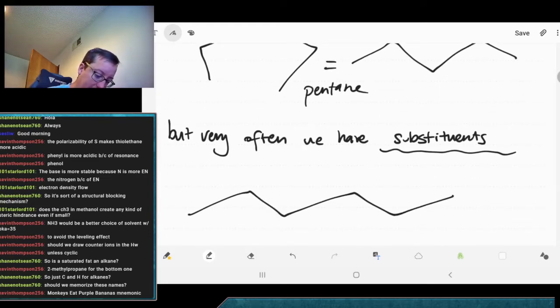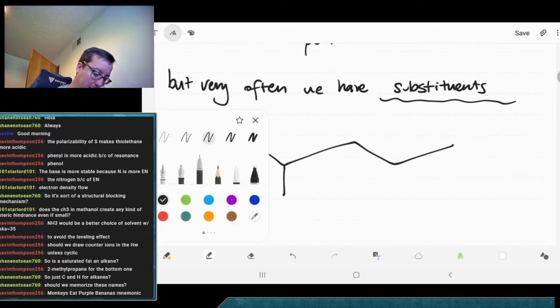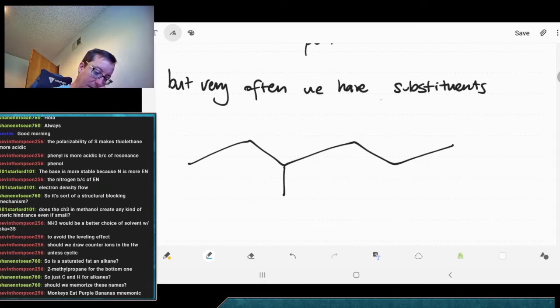We've got 6 carbons. Aha! But now I have replaced one of the hydrogens with another carbon. And so, this little bit here, I'll even underline this in blue. This methyl is a substituent on this carbon chain.